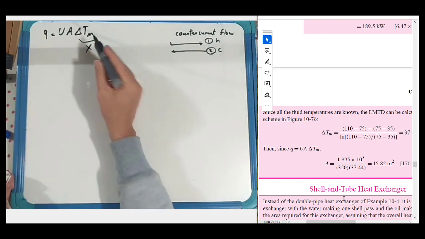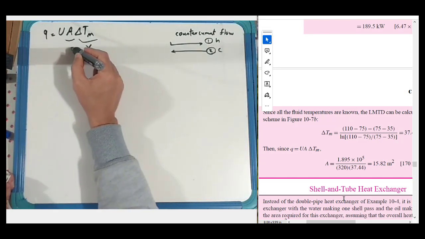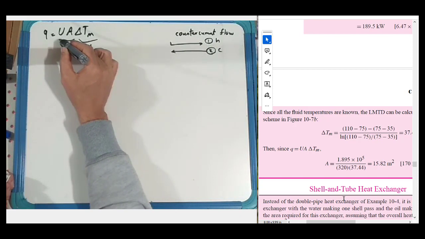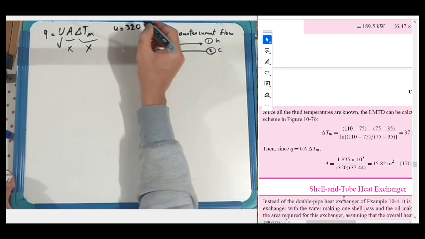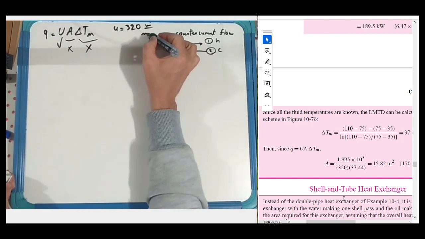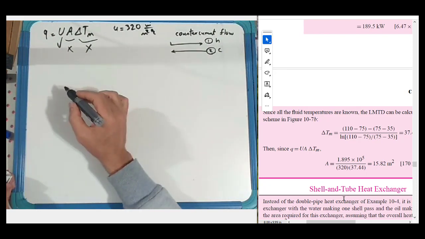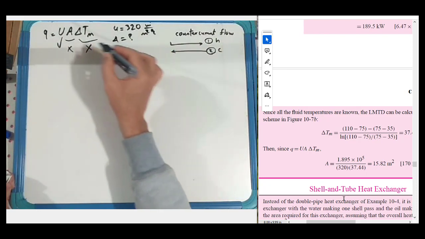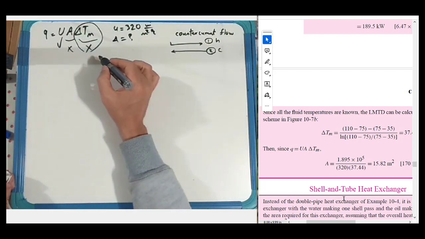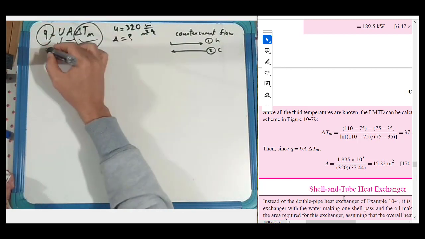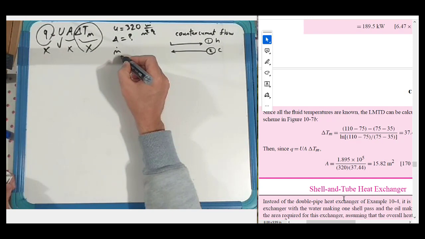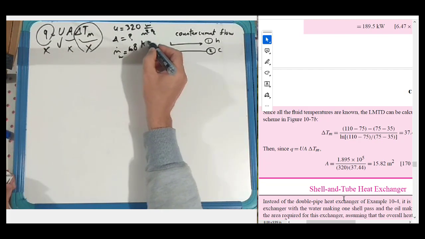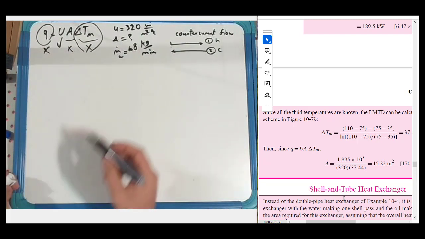We should find it and find A, but we have U. What is the value of U? As I said, 320 watt per meter square degree Celsius. We want A, so we should calculate Q and delta Tm because we don't have them. But what do we have? We have m dot for water, 68 kilogram per minute.